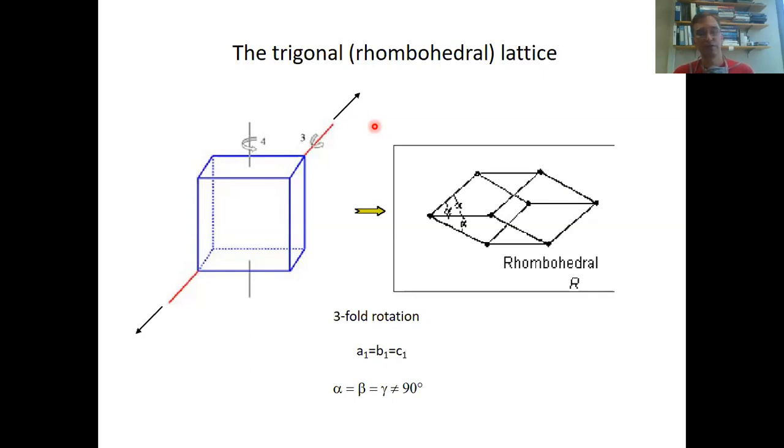I previously already said how we can understand the rhombohedral cell. You can actually pull here at the opposite corners of a cube along the space diagonal, and as you do, the symmetry changes from cubic to rhombohedral.